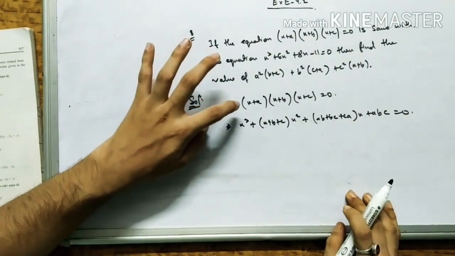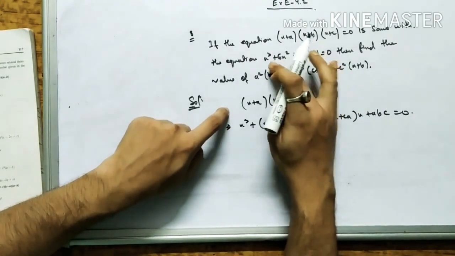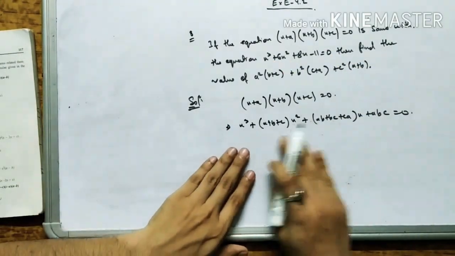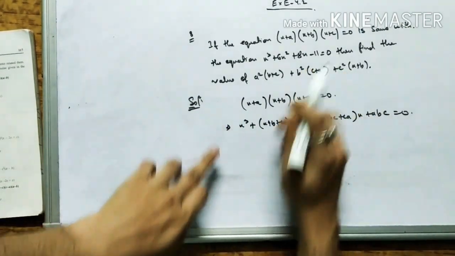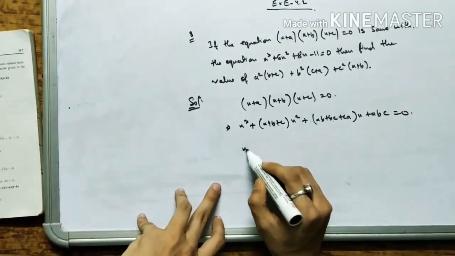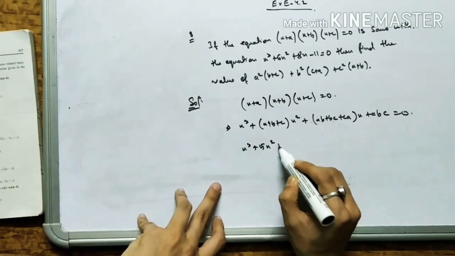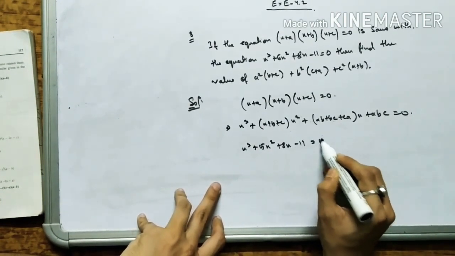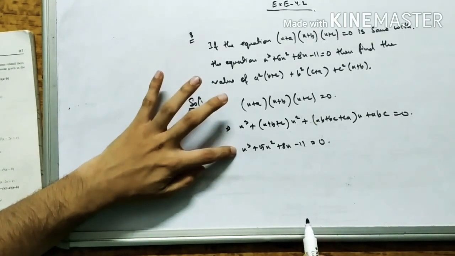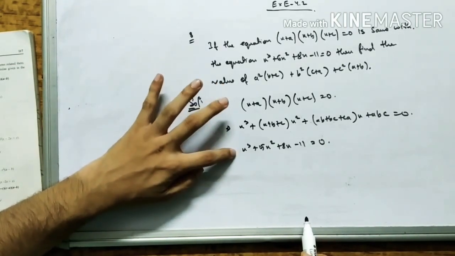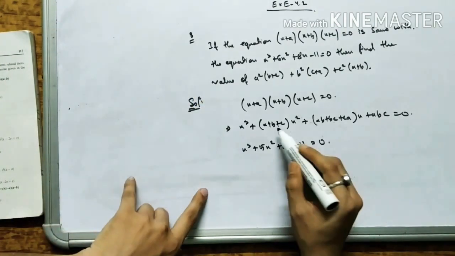Since this equation is the same as the other, I will write that equation: x cube plus 5x square plus 8x minus 11 equals 0.